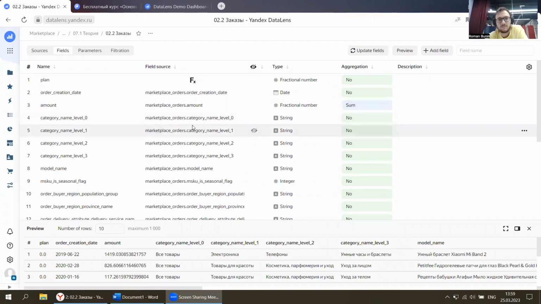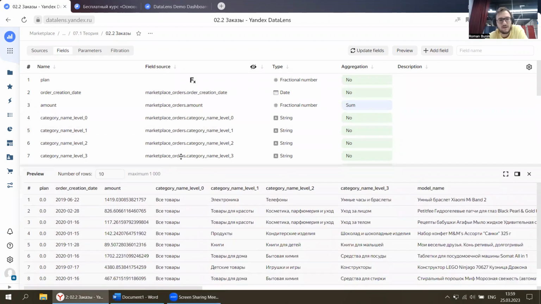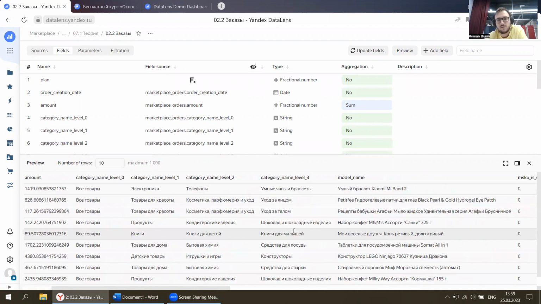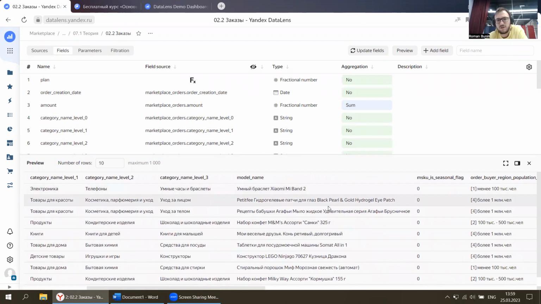It's quite a common orders structure. Each row in this data is an order. It also has the amount of money it costs. It also has a category for the product that was bought, and so on, and also model name and something like that.